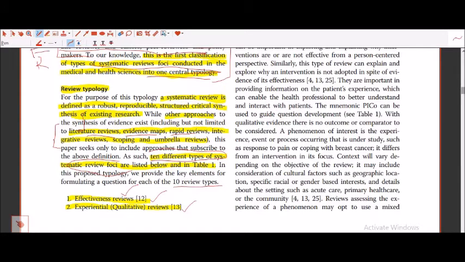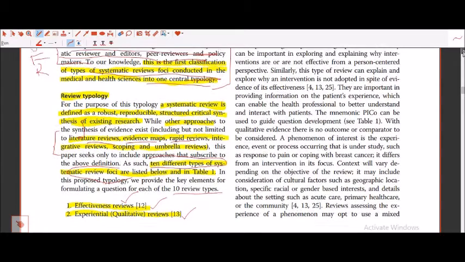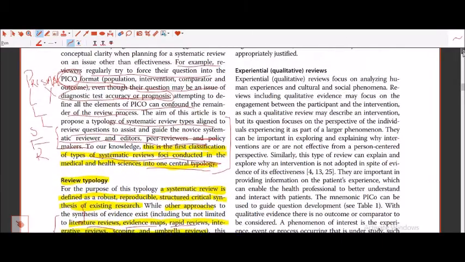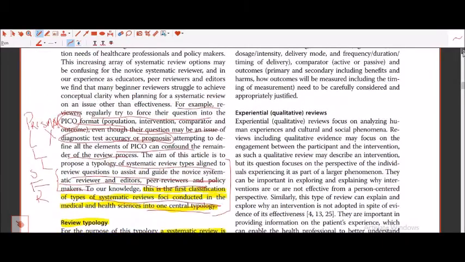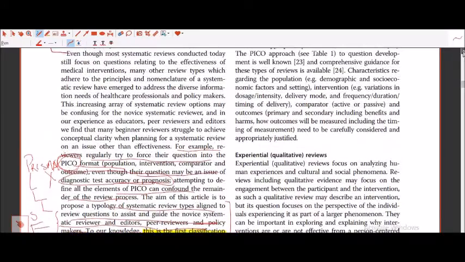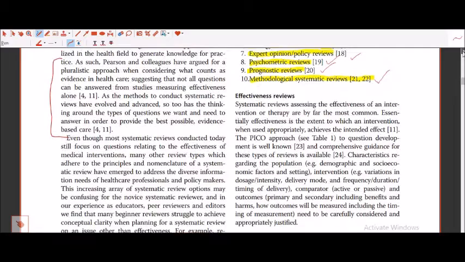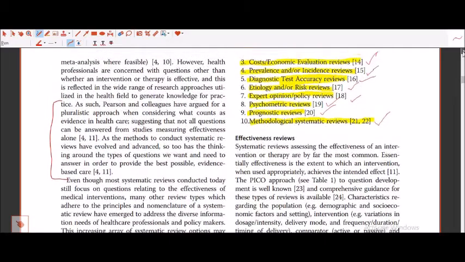So here comes the first one, on the types of reviews that you are looking forward to. We will see step by step, and here you can have a look. The first one they are talking about is effectiveness. Now the table they are talking about is on review type number one.